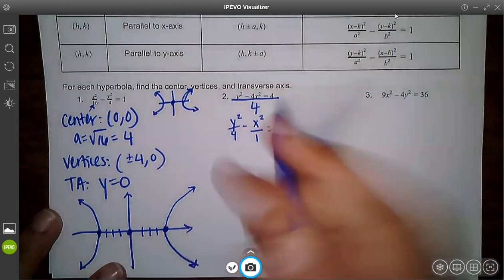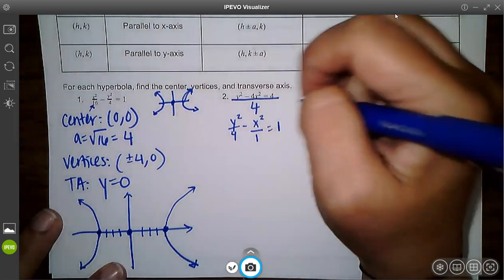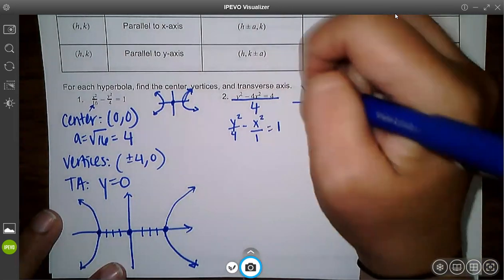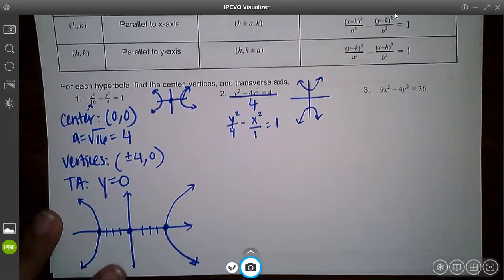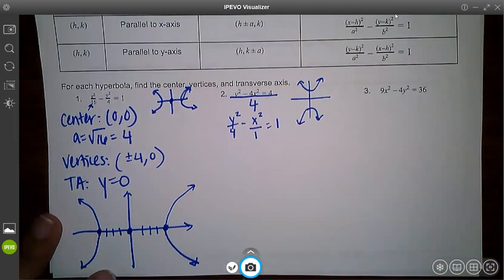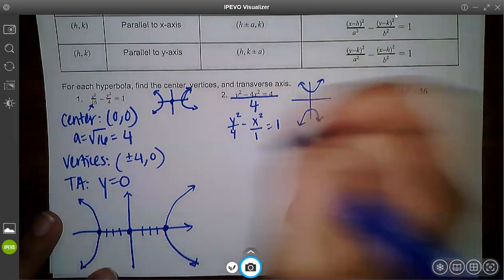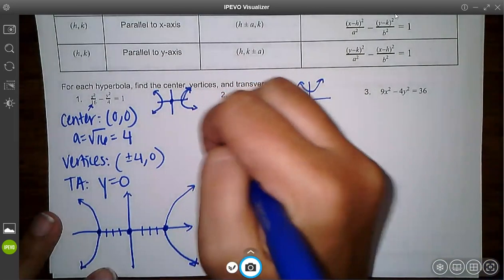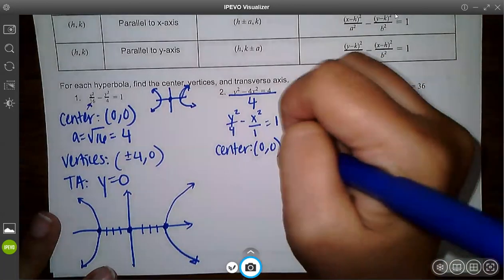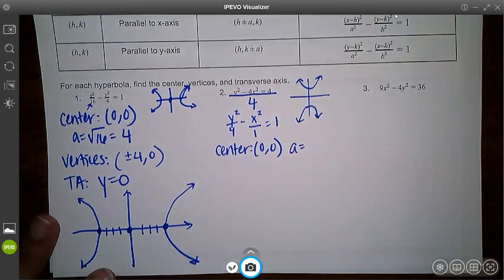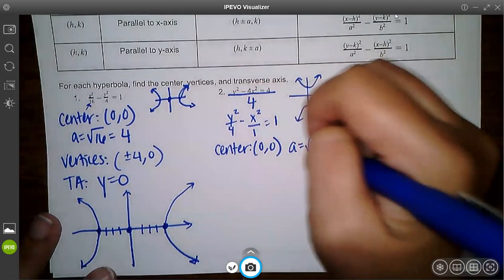Now my y value is positive, so my hyperbola is going to look something like this. My center is still 0, 0. And my a value, the one that's positive, is the square root of 4, which is 2.